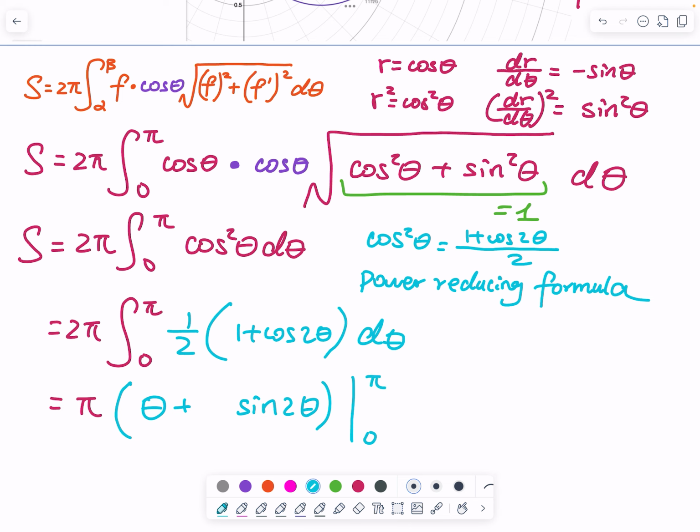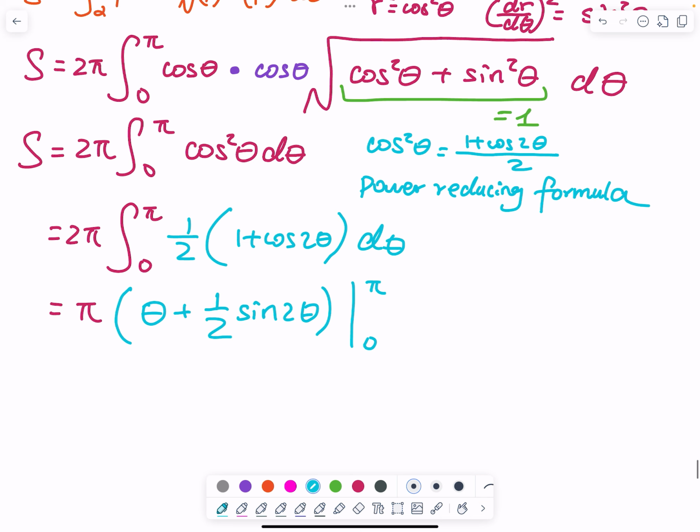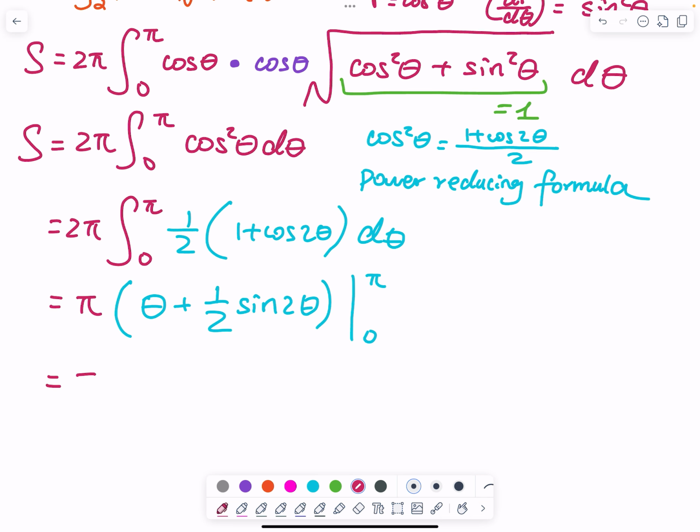Yes, I do. Because when you take the derivative of sine by chain rule, that creates a 2, because the derivative of 2 theta is equal to 2. I need to prepare a 1/2 to get rid of the 2. And then now we do the plug-in. Plug in pi: this is pi plus 1/2 sine of 2 pi. Sine of 2 pi is 0.